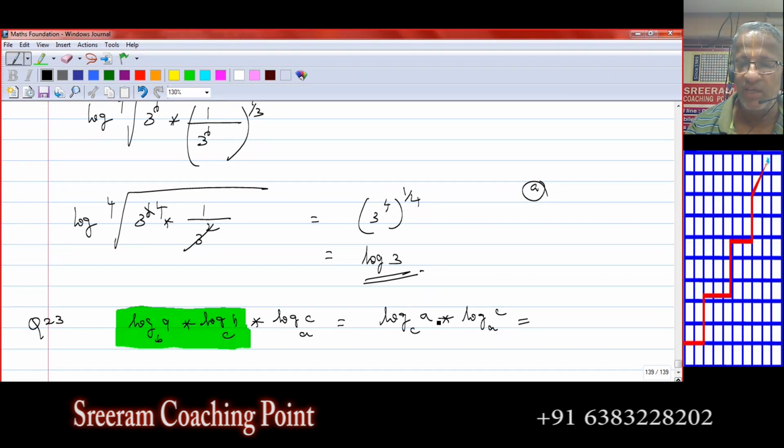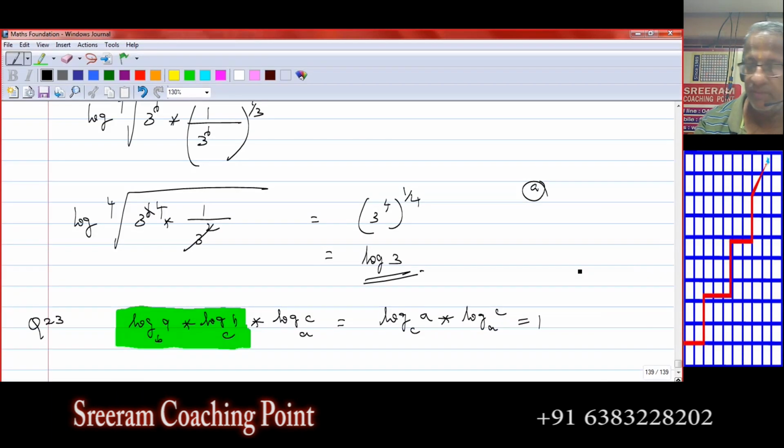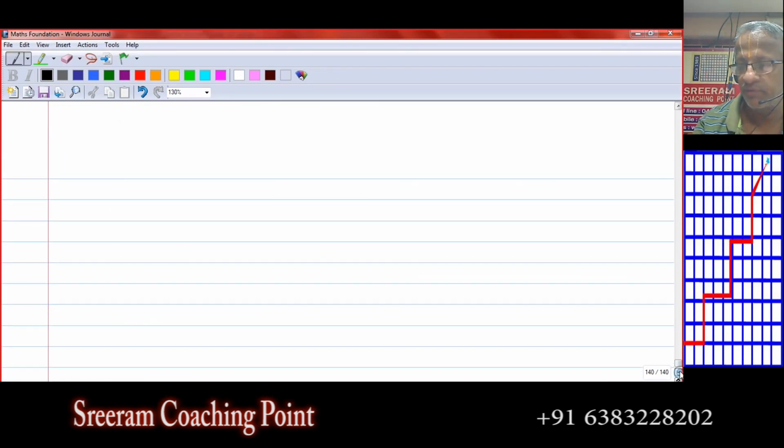Either you cancel C and you have log A to the base A, or log C to the base C, it will always become 1. So the answer to this question is 1. That is item number C. In one line we can finish it off.